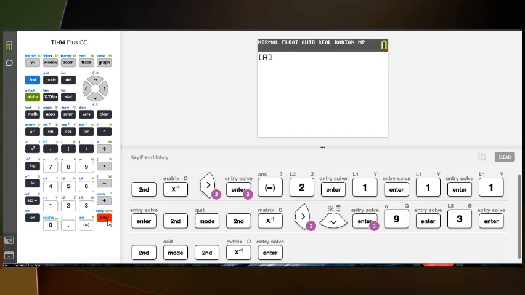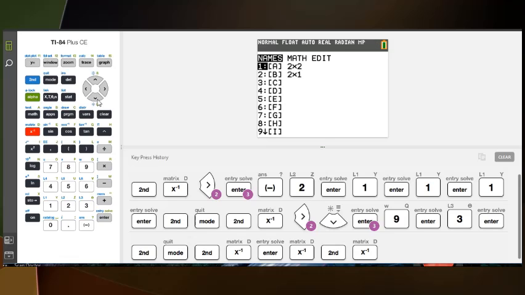Now I want to get the inverse of matrix A, and there's an easy way to do that. If you look where my cursor is, I'm not hitting second this time. All I do is hit the x minus 1 key, and that gives me the inverse of that matrix. Now I have to multiply this inverse of my coefficient matrix by my constant matrix, so I'm going back into second matrix.